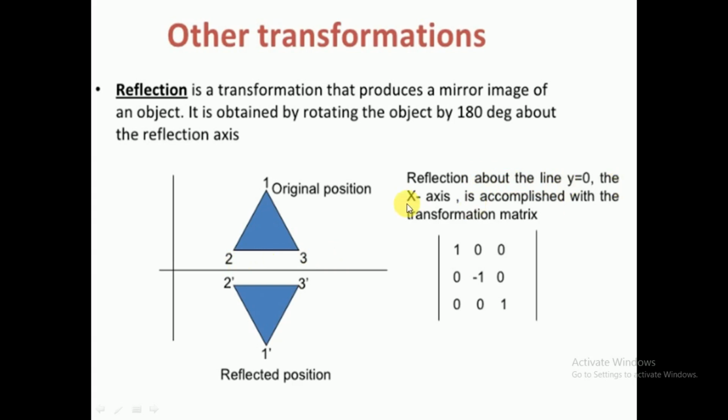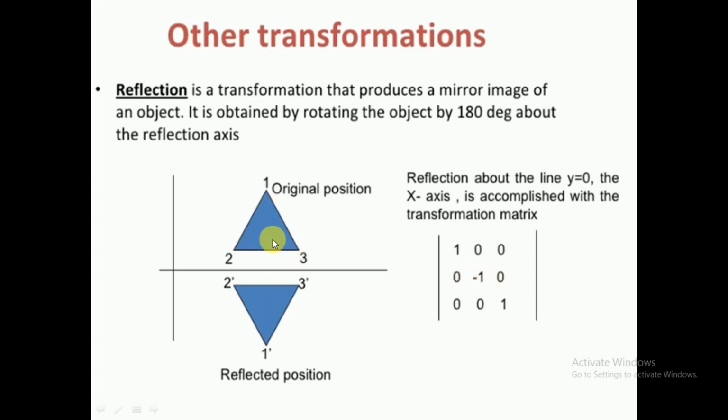Reflection about the line y equal to 0, the x-axis, is accomplished with the transformation matrix. It means there is no change in x. Only the y value changes. X remains the same. If x is plus 1, it remains plus 1, but y will change.